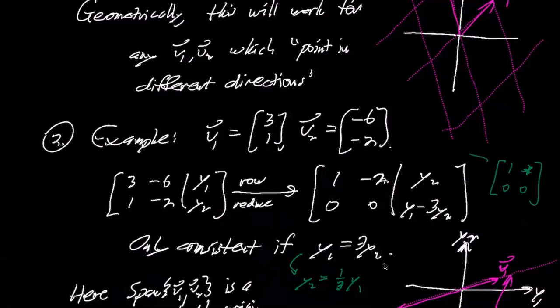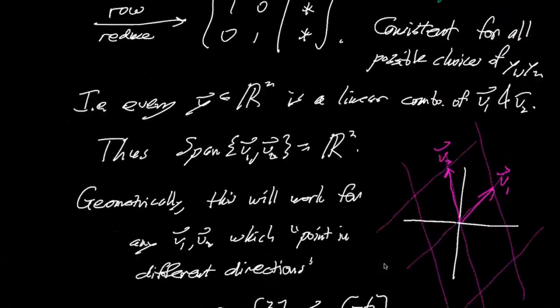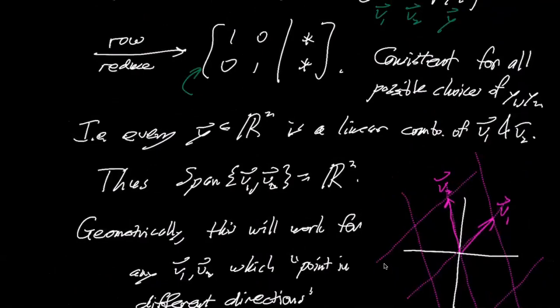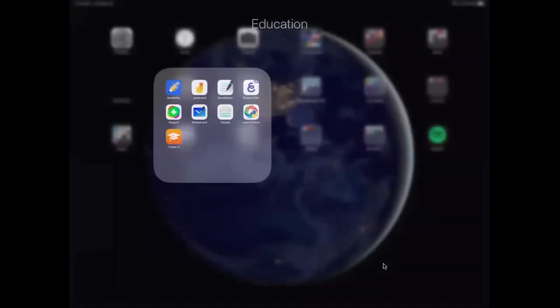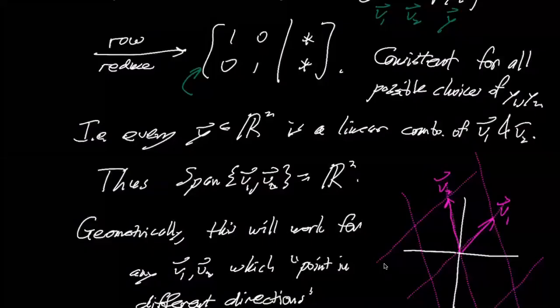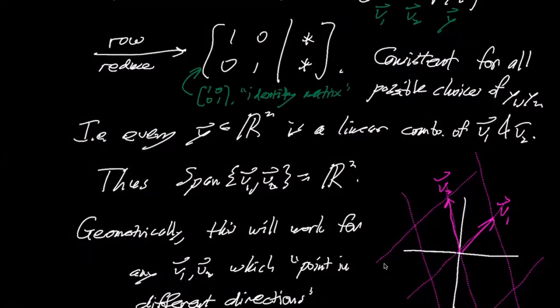Up here, this was the 1, 0, 0, 1, and this is called the identity matrix. We'll see why it's called that later.